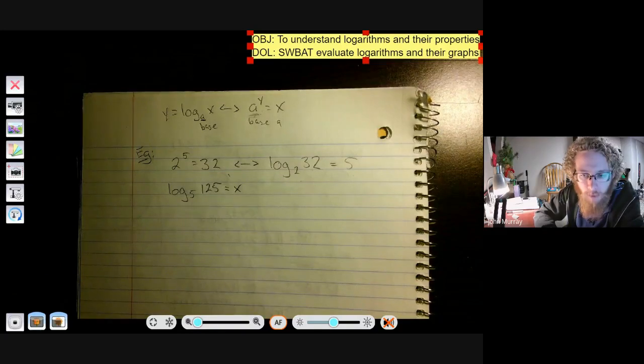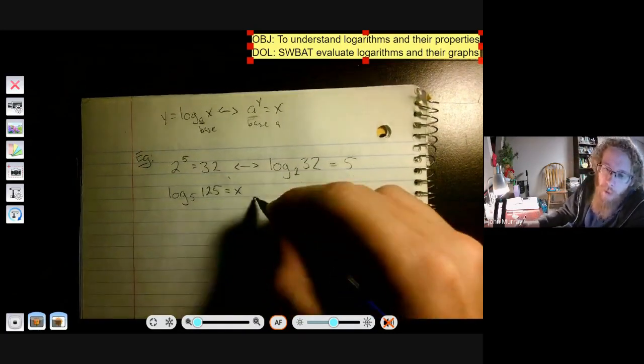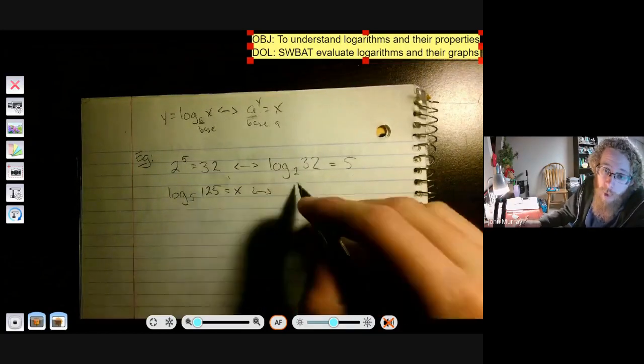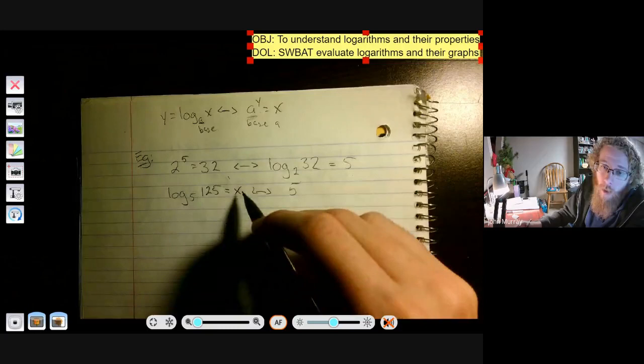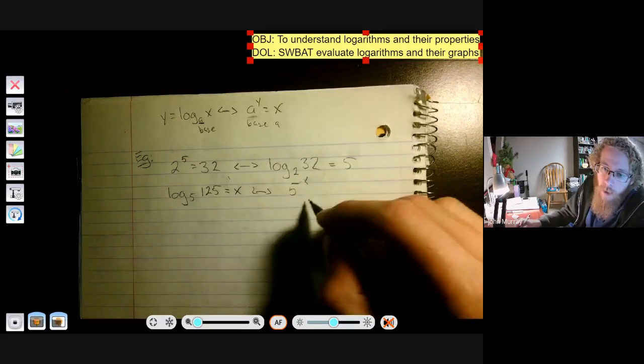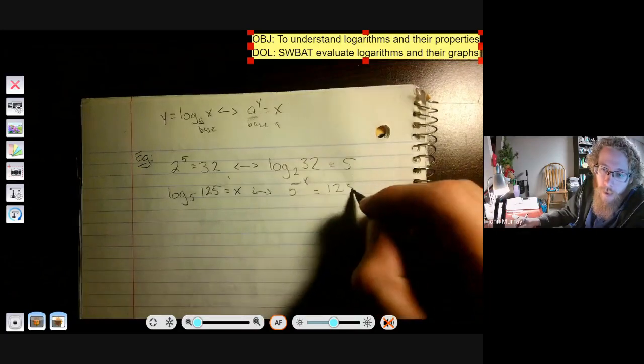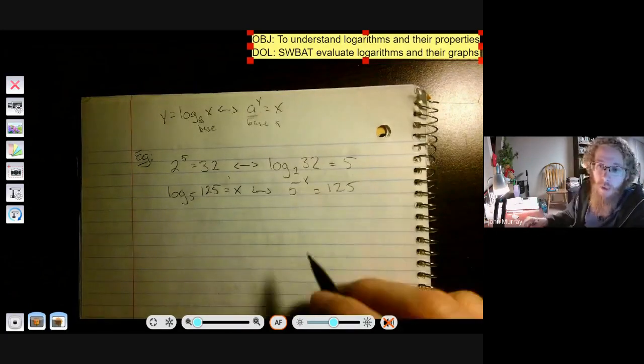Sometimes it's a little hard to think like that, so I would recommend rewriting it. 5 is my base, my answer is my exponent, and what I plug into the logarithm is the result.